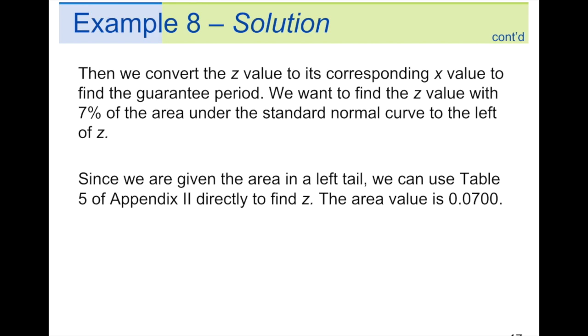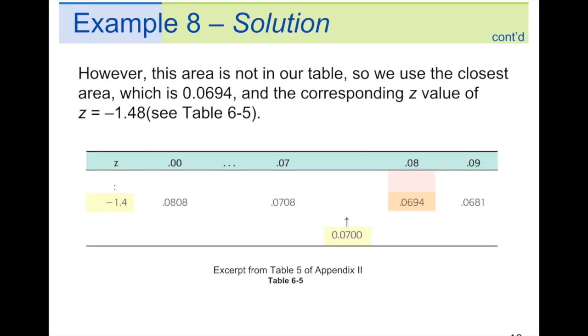We want to find the z-value with 7% of the area under the standard normal curve to the left of z. Since we are given the area in a left tail, we can use the table directly to find z. The area value is 0.0700. However, the area is not in our table. So we use the closest area, which is 0.0694, and the corresponding z-value of z equals negative 1.48.